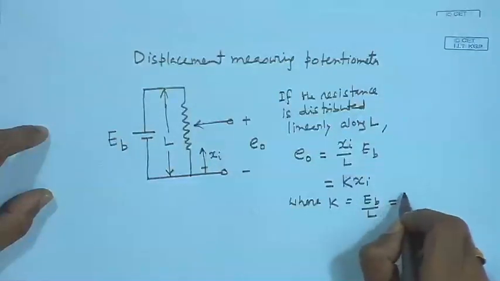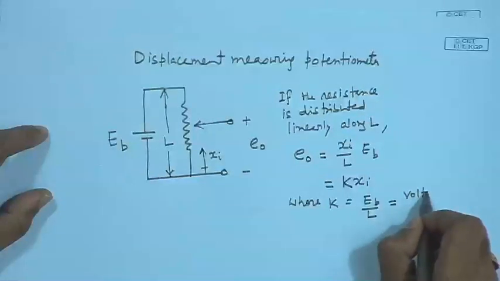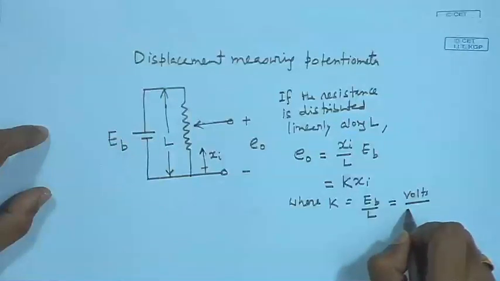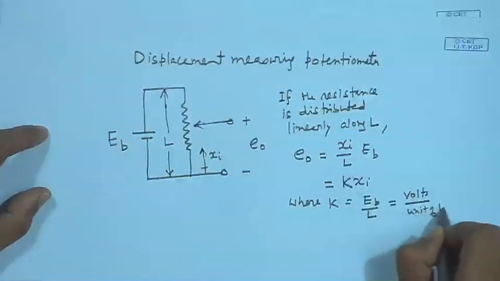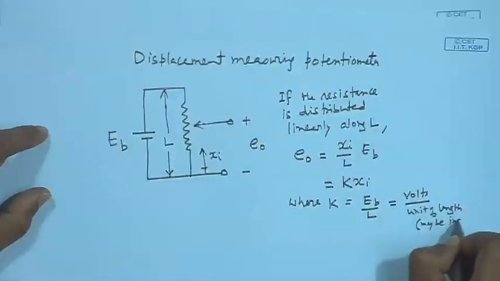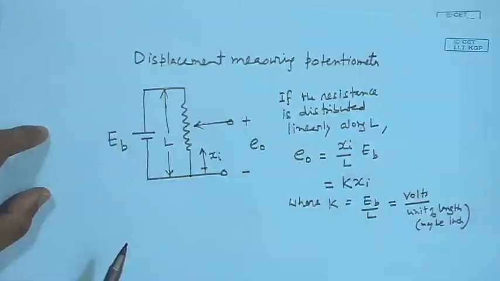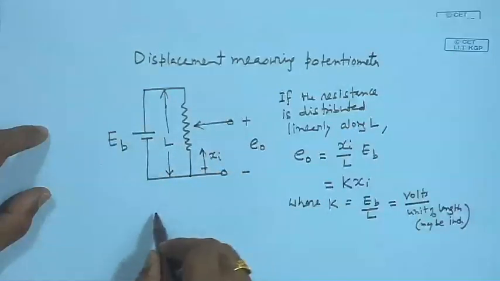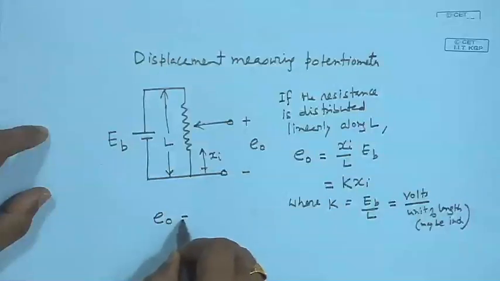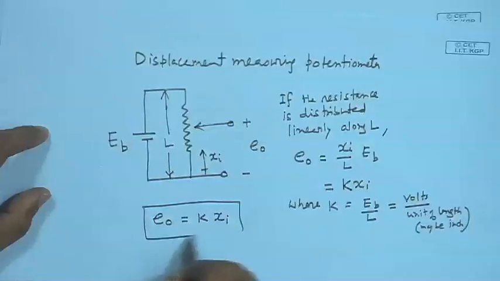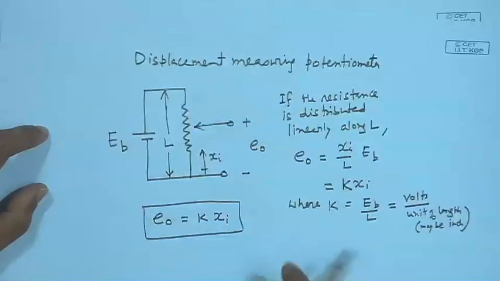Its unit will be volt, say volts per unit of length. Maybe inch. So, you see the displacement measuring potentiometer is modeled by output, which is a zero order instrument.